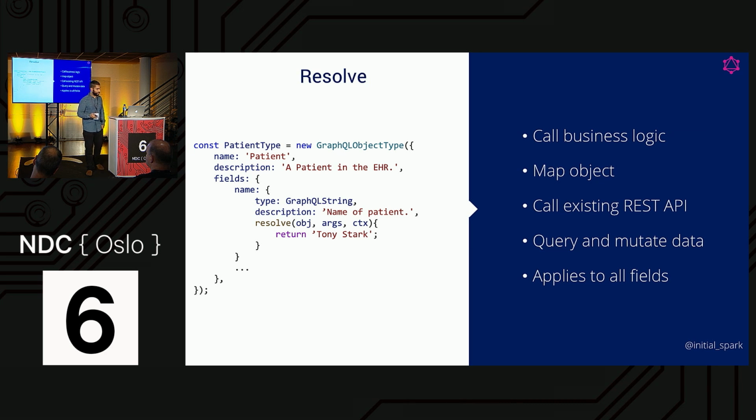But in a real-world example, you might have this mapping to another object. You could call your business logic, or call an existing REST API. You could pretty much do anything that you'd want in a normal function. Anything you can think of, returning static data, it can do that. And this is generally where the magic happens in GraphQL. What happens is you send a query, ultimately it gets executed, and it goes through and recursively looks at all the fields and all the resolve functions, and then it basically executes each resolve function in parallel. So this is where our logic lives.